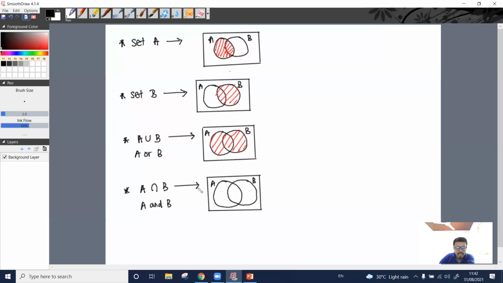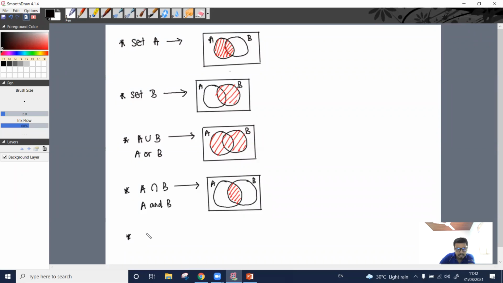Where is that portion? A intersection B talks about this area.